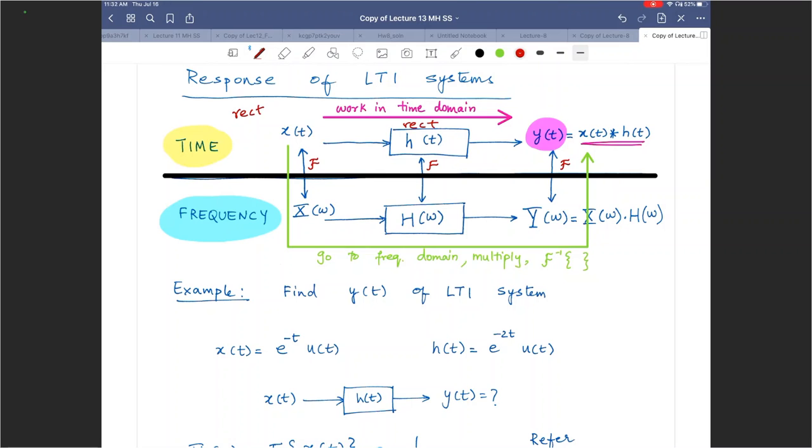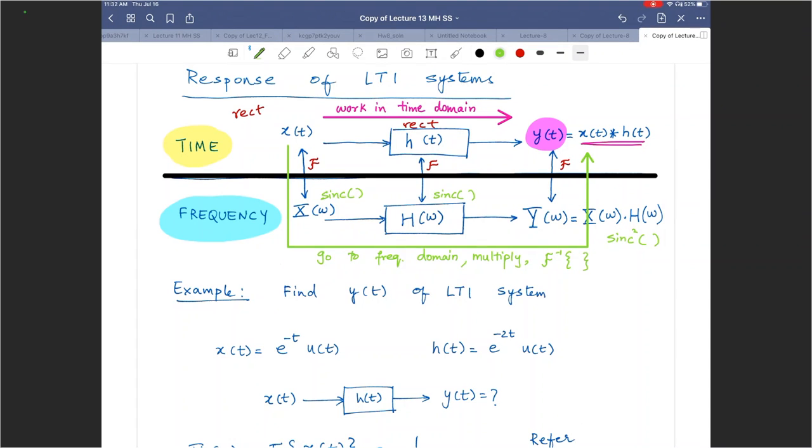The pink one or the green one? Time domain, absolutely, because it is much easier to convolve two rectangles than to do this. Sinc. Multiply sincs, you get sinc squared. Find the inverse Fourier transform of a sinc squared, right?